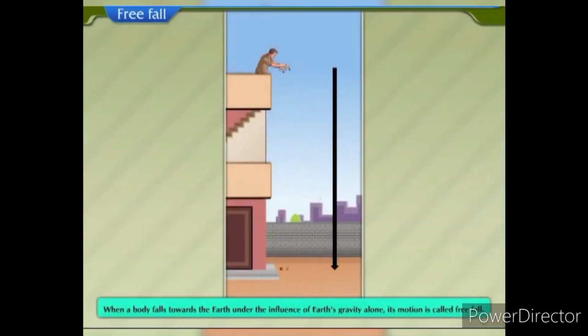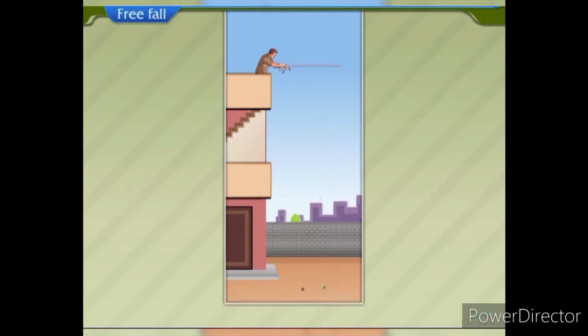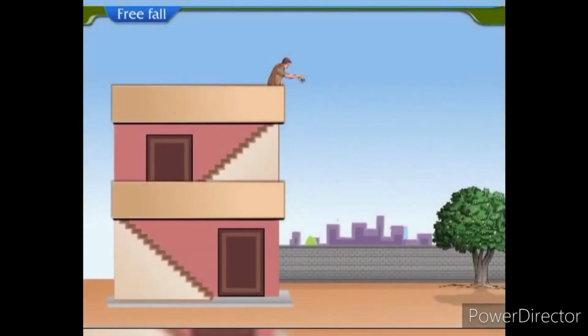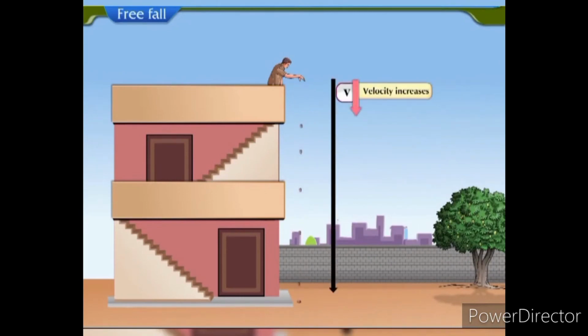When a body falls towards the earth under the influence of the earth's gravity alone, its motion is called free fall. If an object is released from some height above the surface of the earth, it falls freely on the earth's surface. As the object is under the action of the earth's gravitational force, its velocity goes on increasing.